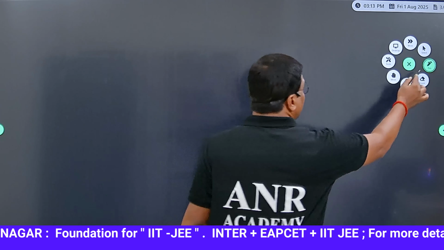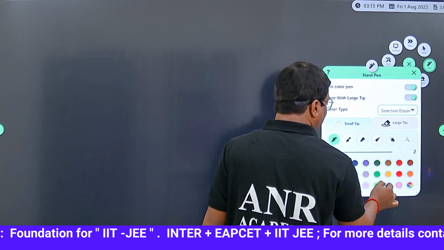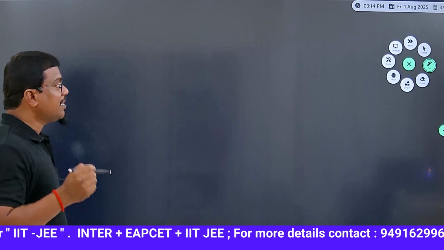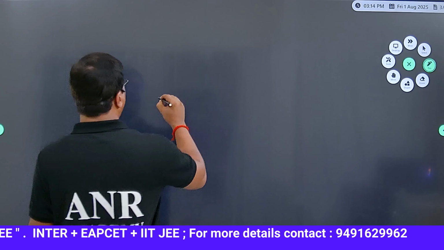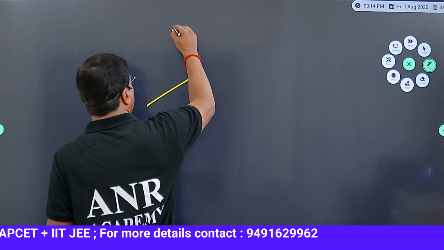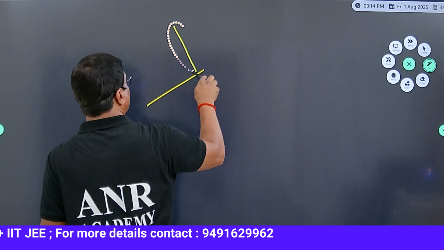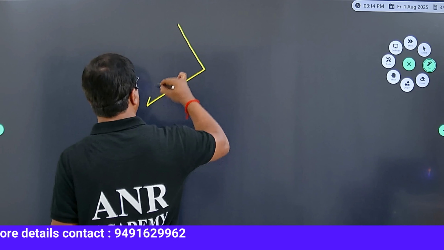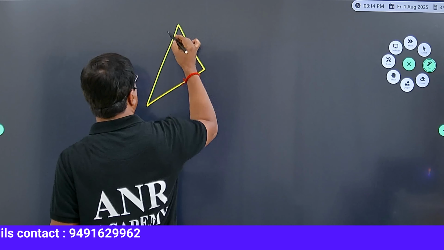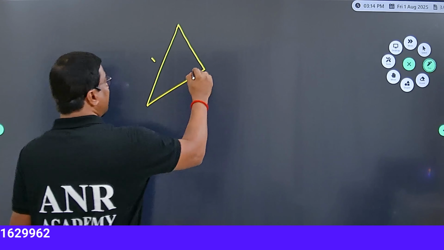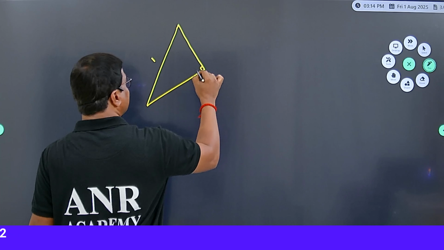See, I am going to select a right angle triangle whose hypotenuse is of length 1 unit. Suppose that there is a right angle triangle, its hypotenuse is of length 1 unit, here it is 90 degrees.